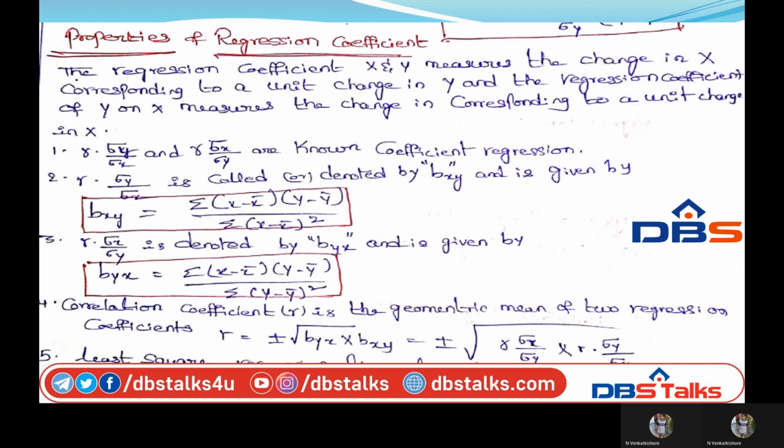If one regression coefficient is greater than unity, then the other must be less than unity, since r cannot be greater than 1. The average value of the two regression coefficients will be greater than the correlation coefficient. Regression coefficients are independent of change of origin, but not of scale.